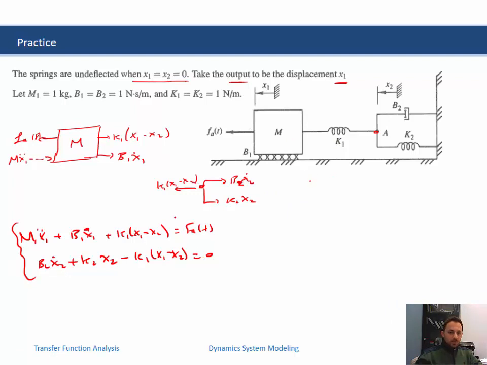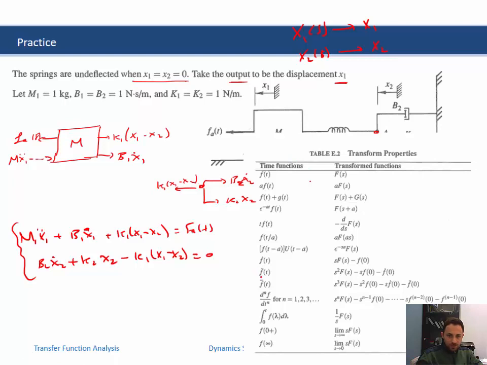Now for simplicity I will denote x1 of s as capital X1, in the S domain, and similarly x2 of s as X2. Now in order to obtain the Laplace transform of x1 double dot, we will be using the table. It is given by s squared X of s minus s x0 minus x0 dot.